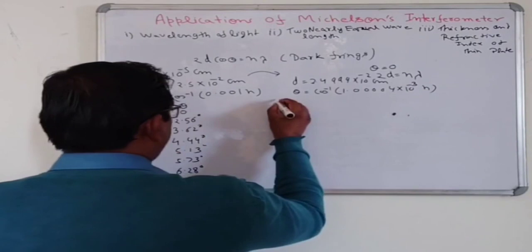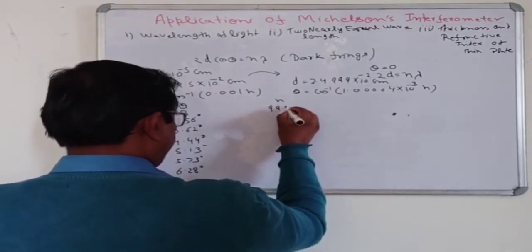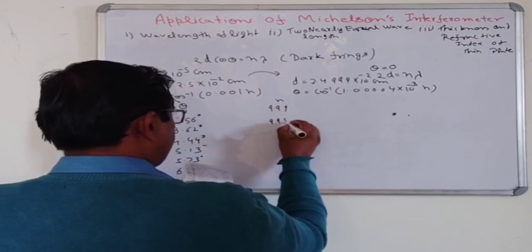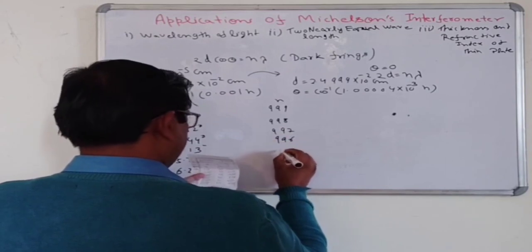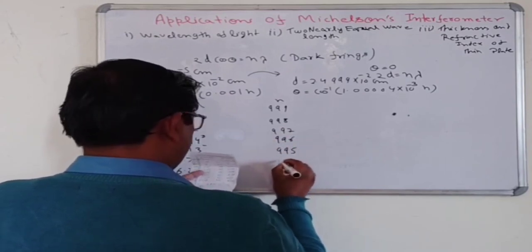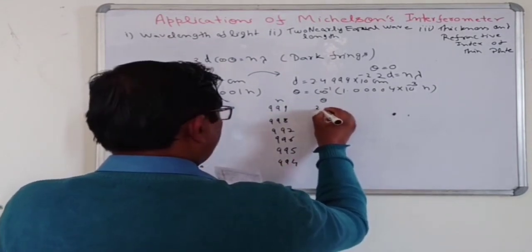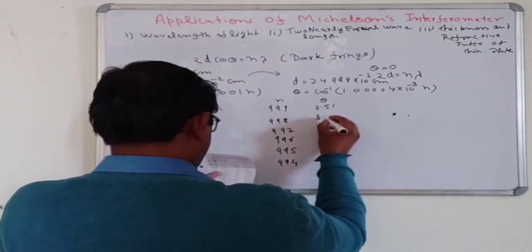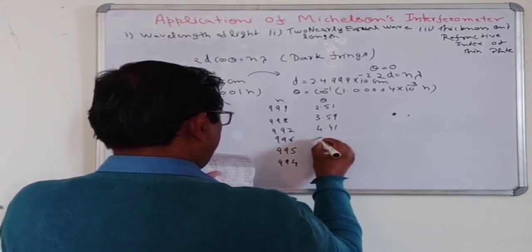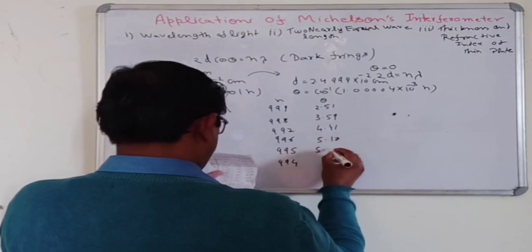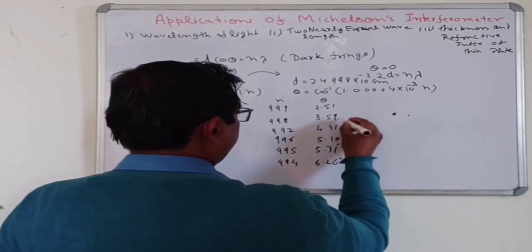Now when the value of n is equal to 999, 998, 997, 996, 995 and 994, the value of theta is equal to 2.51, 3.59, 4.41, 5.10, 5.71 and 6.26, all in degree.